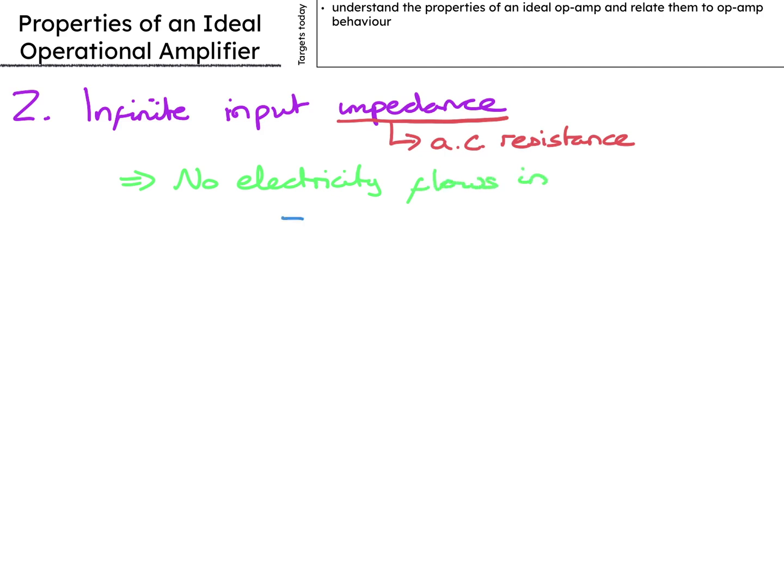And that has got 2 important effects. First, since nothing flows from the main circuit to the op-amp, it will not affect the main circuit. This is great for a sensor. You don't really want your measuring device to change the thing that you are measuring.